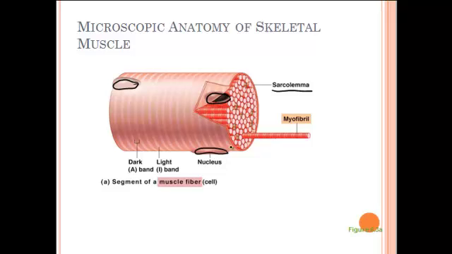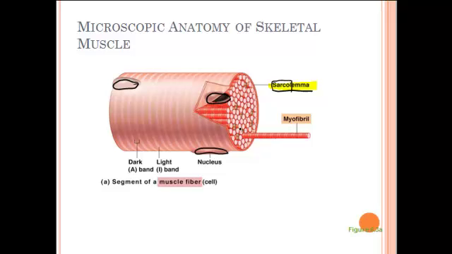If you think back to the lecture where we talked about the structures of cells, all cells have a plasma membrane. Muscle cells also have a plasma membrane, but we give it a special name, and it is called sarcolemma. The prefix sarco means flesh, or referring to muscle. So the plasma membrane of a muscle fiber is called sarcolemma.